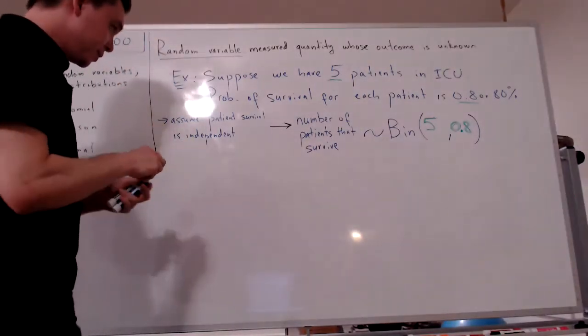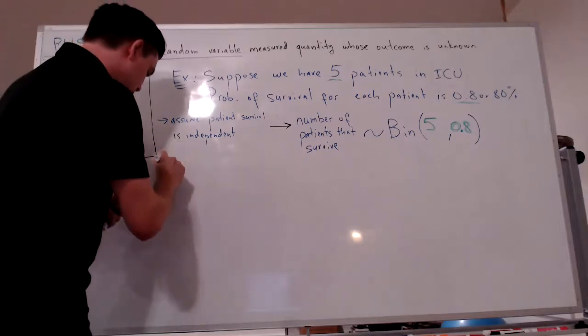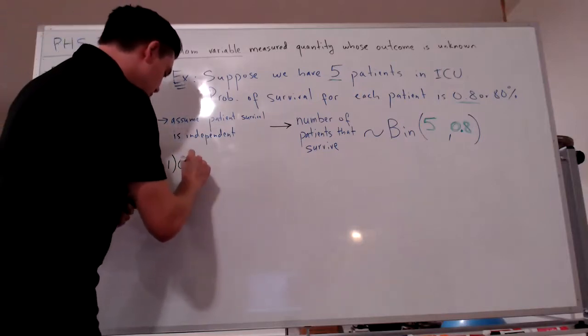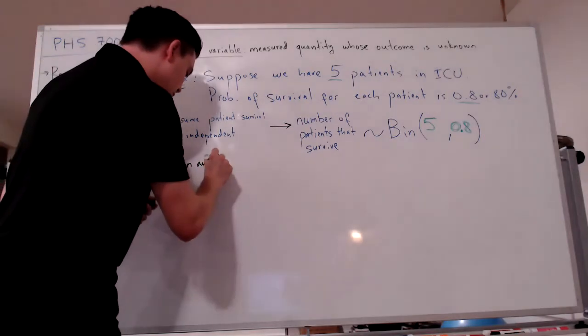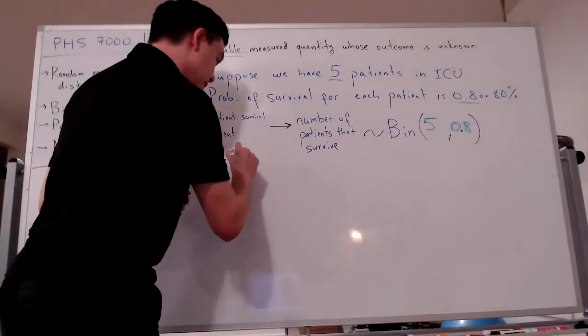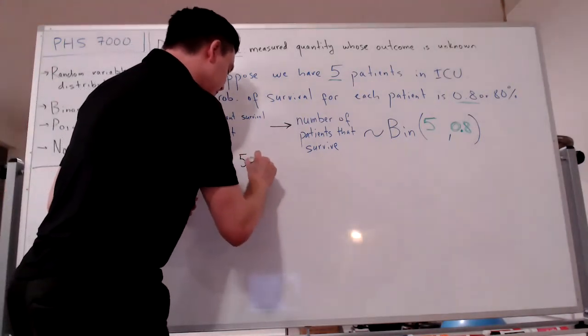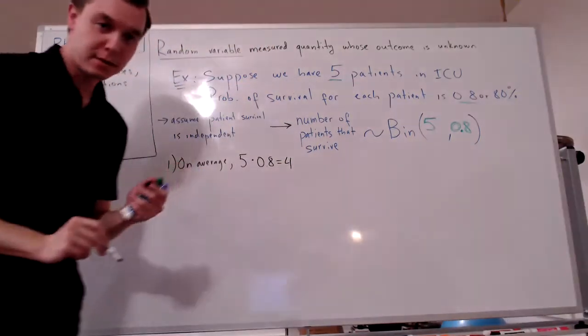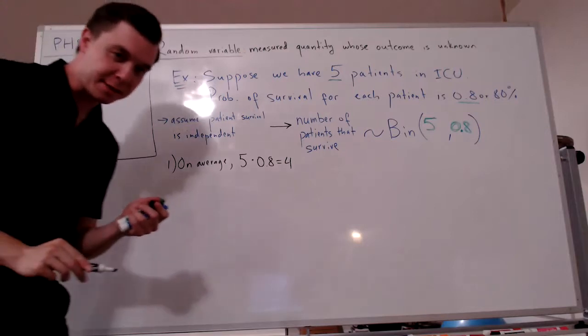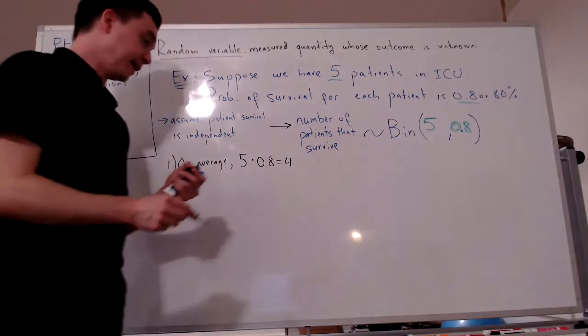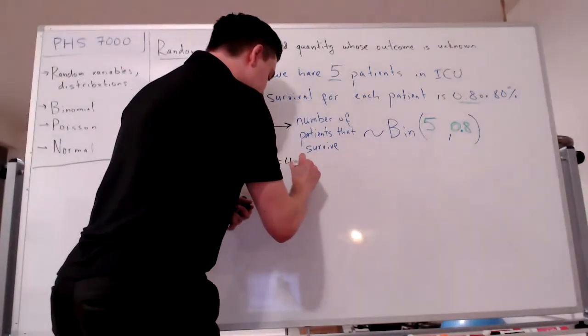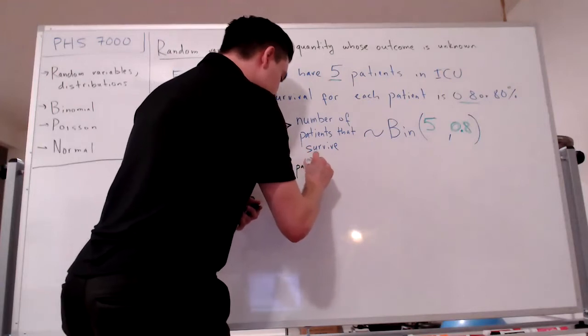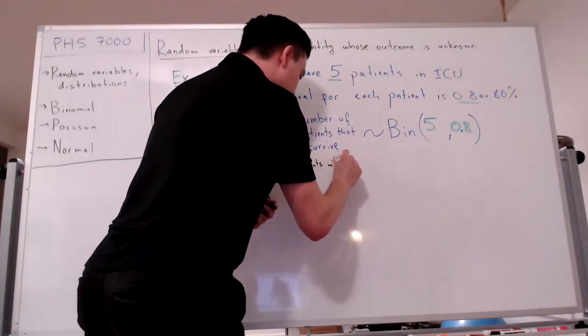On average, 5 times 0.8, which is 4, right? 5 times 0.8, 80% of 5 is 4 patients will survive.